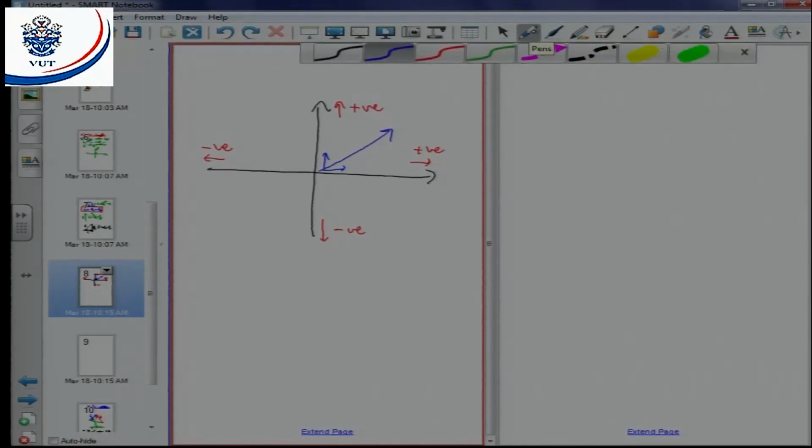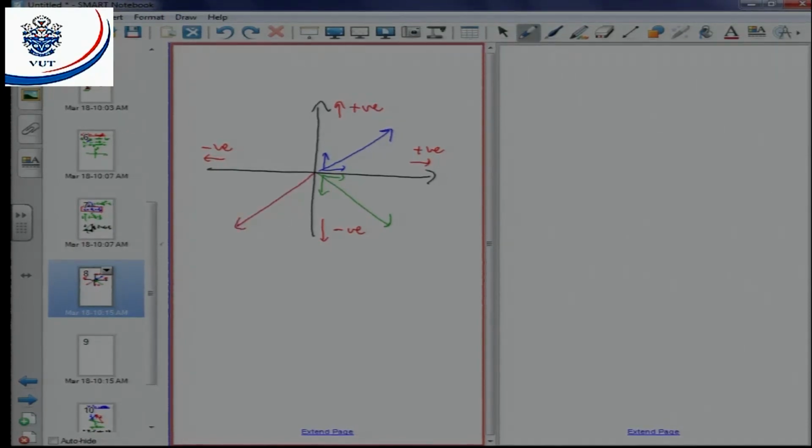Or I can have a vector which is pointed in the fourth quadrant, and you can see that my x is positive, my y is negative. And I can also have a vector in the third quadrant where my y is negative and my x is negative.